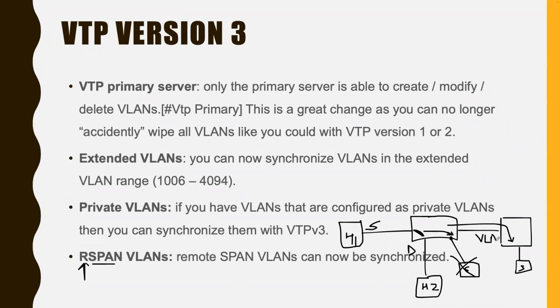Then we need to define an RSPAN VLAN on these switches and send this sniffed data onto a particular VLAN. That is known as the RSPAN VLAN. When we define this RSPAN VLAN, it can also be synchronized using VTP version 3. But data is not synchronized, only the definition of the VLAN in the VLAN database. Okay. Good. Thank you.